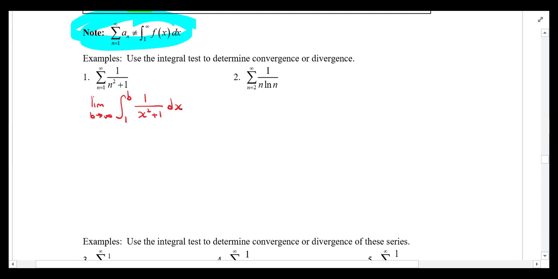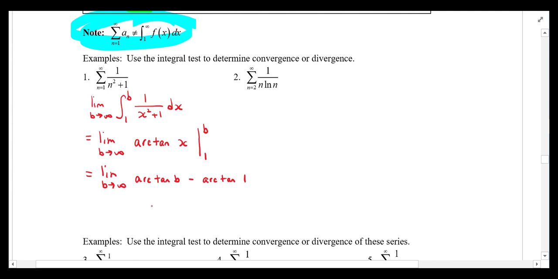Now I'm going to ask you, what is the antiderivative of 1 over x squared plus 1? Do you remember these antiderivatives from your AB course? I hope so. If you didn't, I'll tell you. We still have the limit as b approaches infinity. This becomes arctangent of x, and we evaluate this from 1 to b. So the limit as b approaches infinity of arctangent of b minus arctangent of 1. If I plug in infinity to the arctangent of b, think about what angle that gives me.